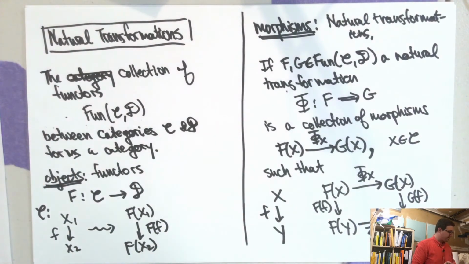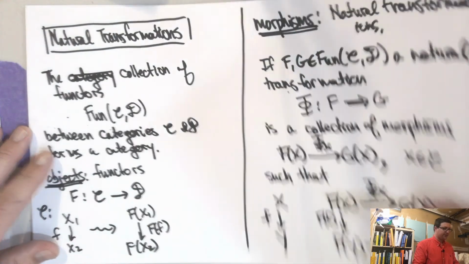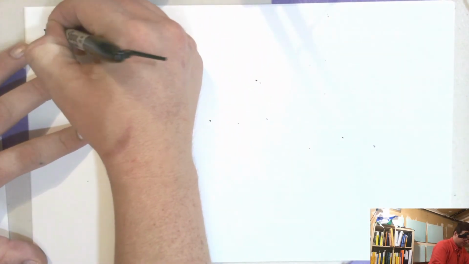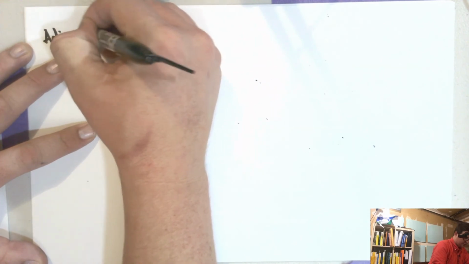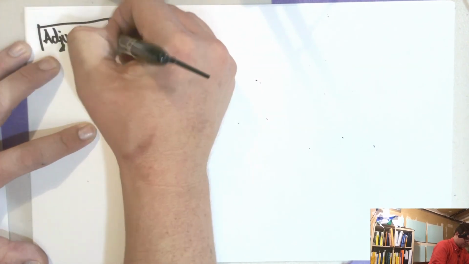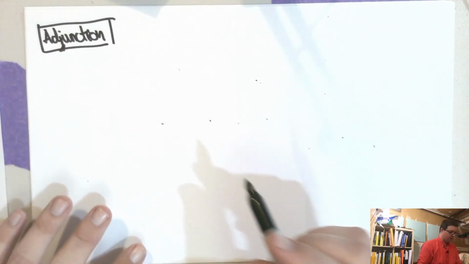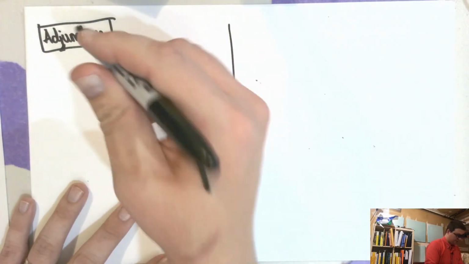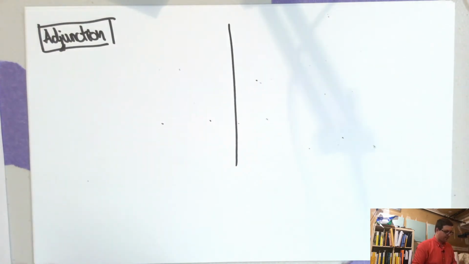And now I can tell you what an adjunction is. Okay, the official definition of what an adjunction is. Here's the definition. Let's just think about this for a moment.